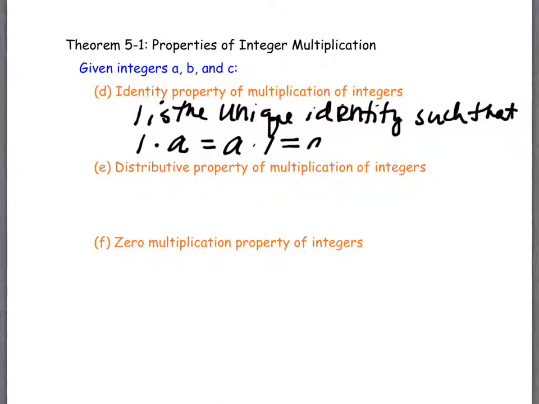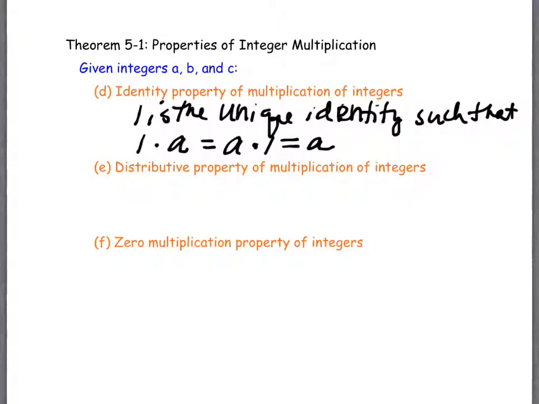Let's try that again. The identity element is an element such that when you multiply by the number 1, it doesn't change what you were working with.